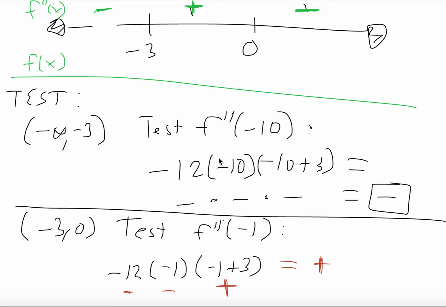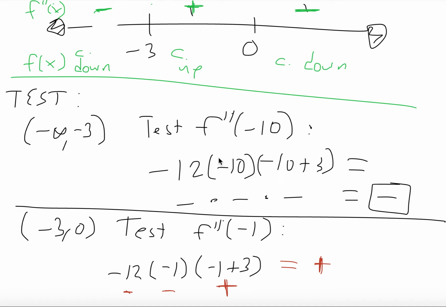What that tells me is, if f double prime is negative, that means f of x is concave down. If f double prime is positive, that means f is concave up. And if f double prime is negative, that means f is concave down.